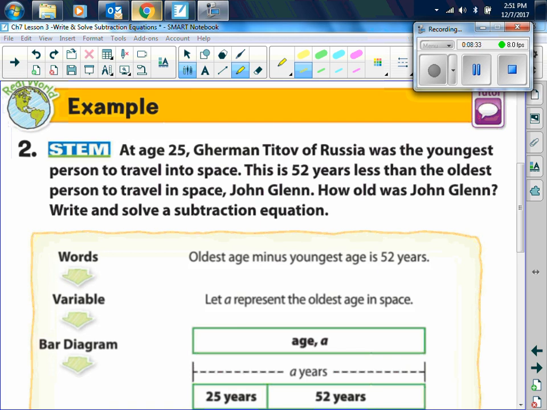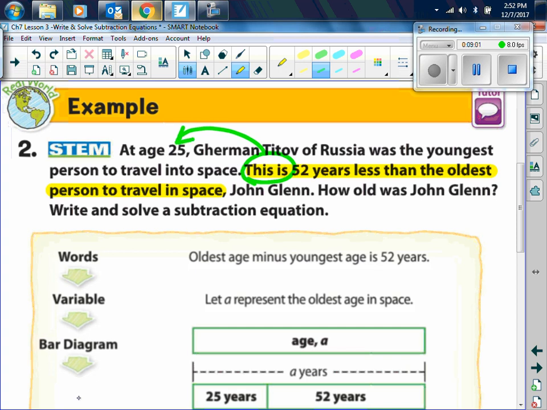Okay, so when we look at this problem, here's the important information. This is 52 years less than the oldest person to travel in space. Now, what is this? 25 years, right? Everybody clear with that?